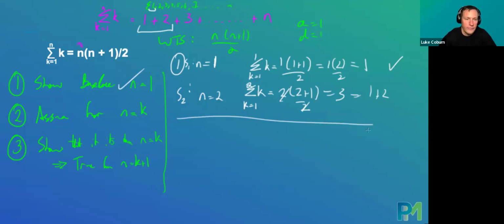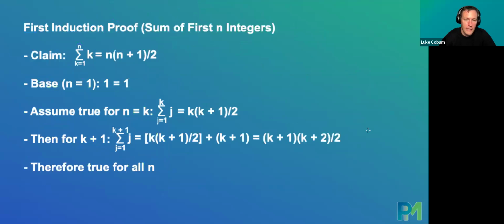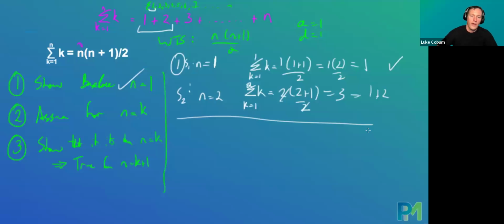Now, this is the part where the way this is written is a little bit awkward. We can find another way, but let's have a look anyway. Now we're doing step 2, and we want to assume for n equal to k, some number in the list.